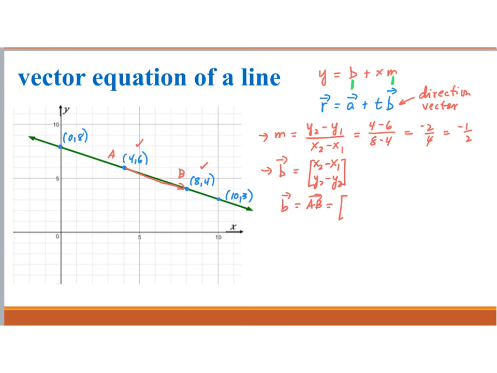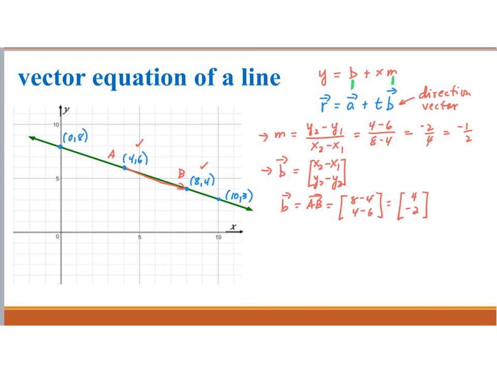We will get the x components first. So it will be 8 minus 4 and 4 minus 6, which is positive 4, negative 2.